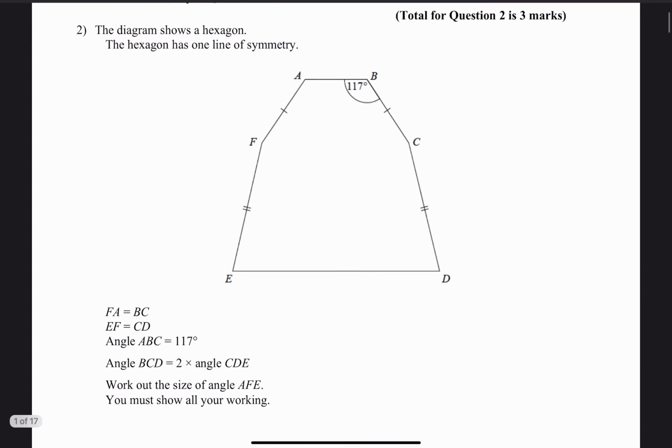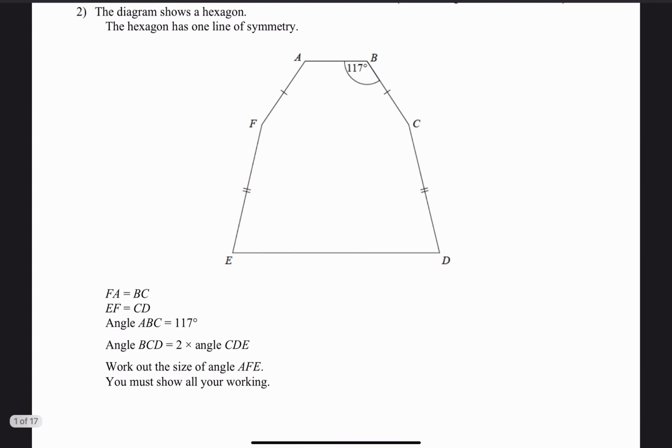The second one. The diagram shows a hexagon, a 6-sided shape, with a line of symmetry. FA is equal to BC, so those two are equal. EF is equal to CD, so these two are the same. Now, BCD is 2 times CDE.